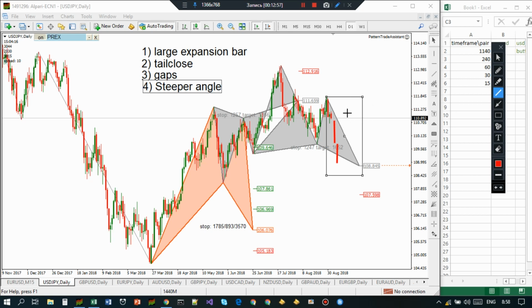This is not a guarantee. It puts odds in your favor. It makes it slightly more probable for your entry to be hit.